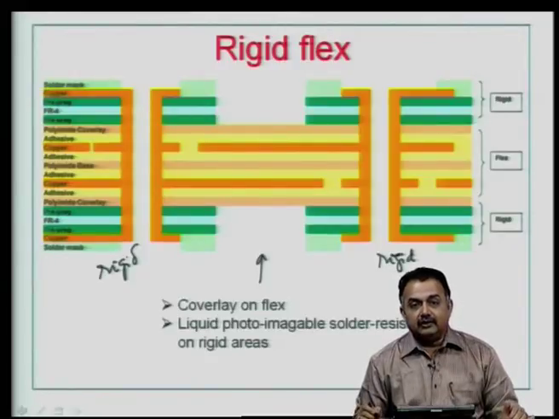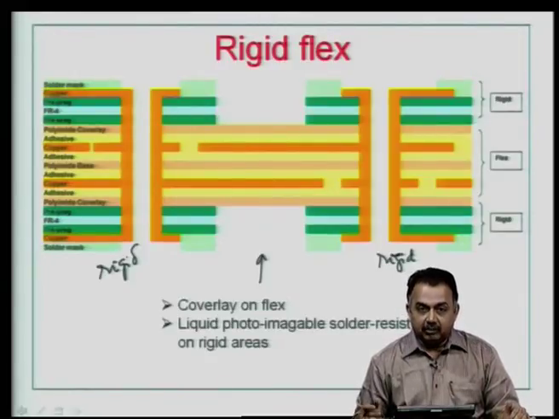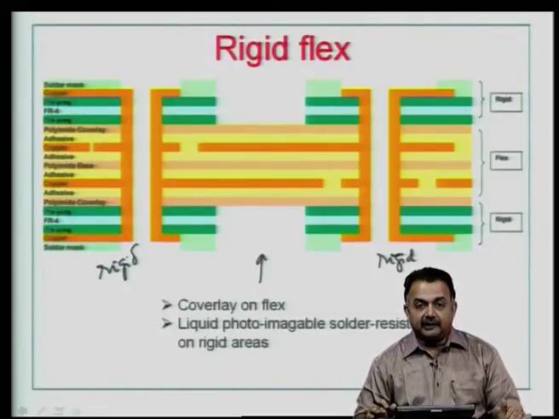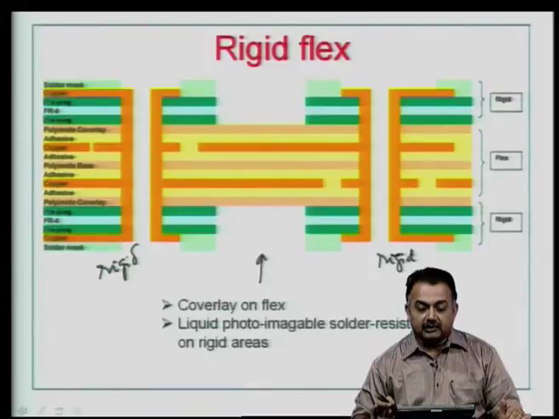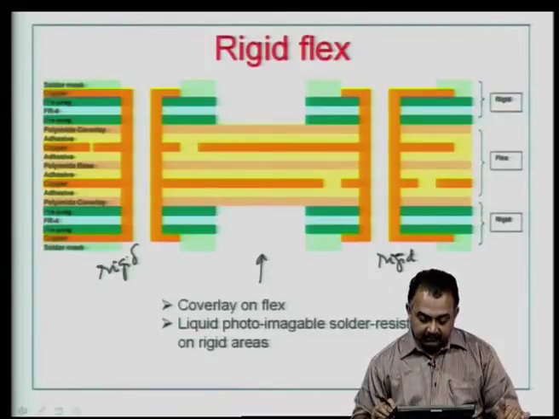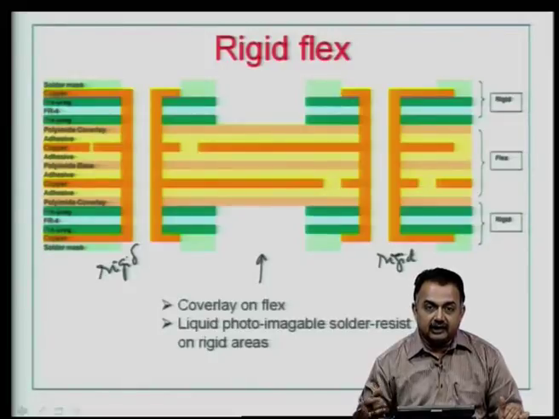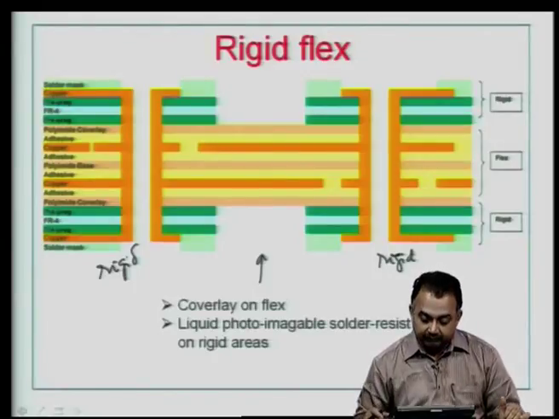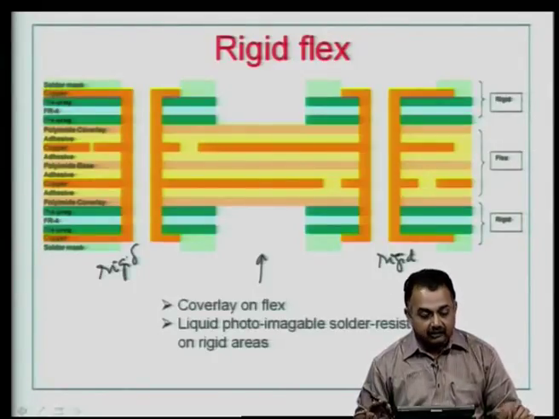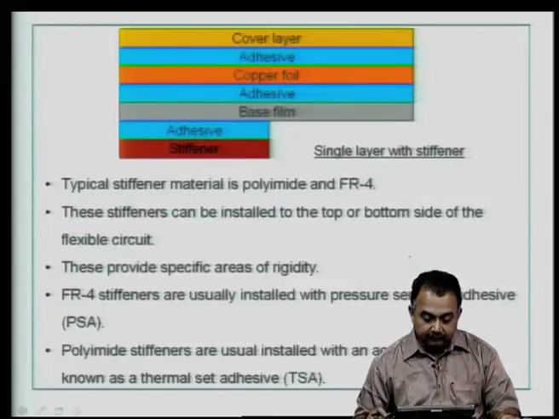Based on your number of components, obviously the flex process is a low component density process, but based on the requirement of which areas need to be stiffened with a stiffener and mechanically drilled through holes created, you can design a rigid flex board.